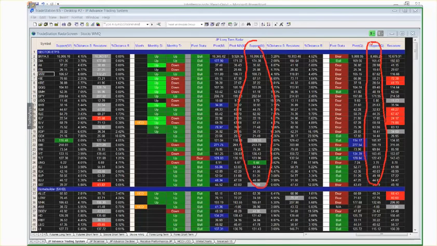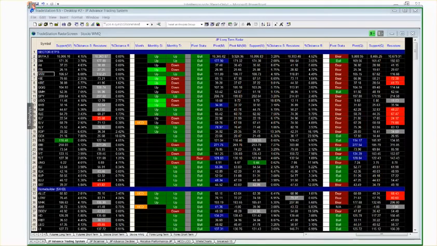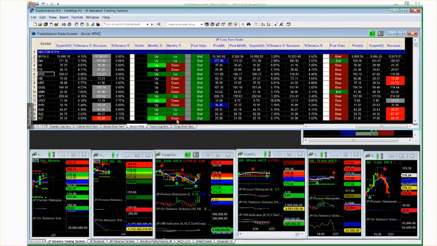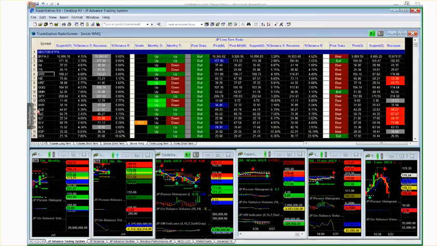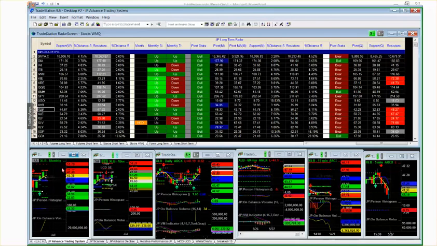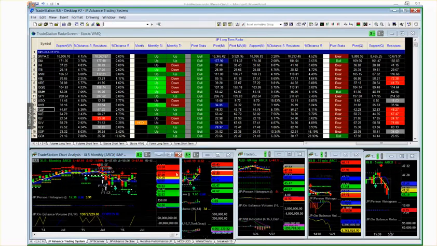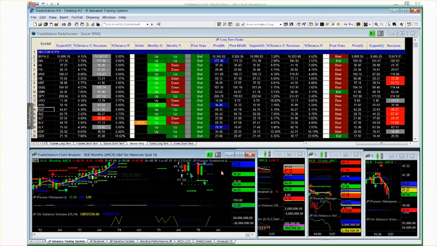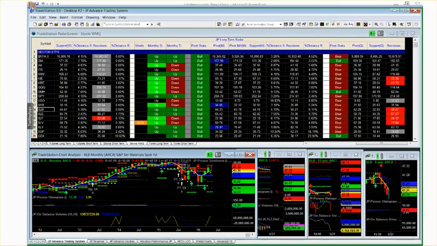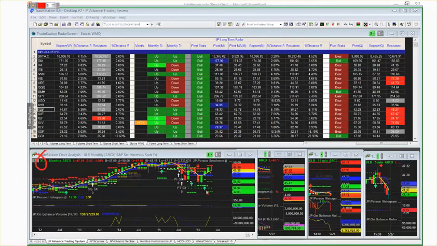We can backtest that in a heartbeat, as you probably can surmise by just touching one market and then expanding a chart and looking at, for example, the XLB. Here's the XLB, and there, sure enough, there's the quarterly support.